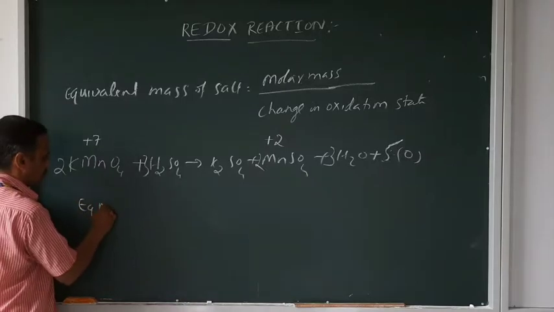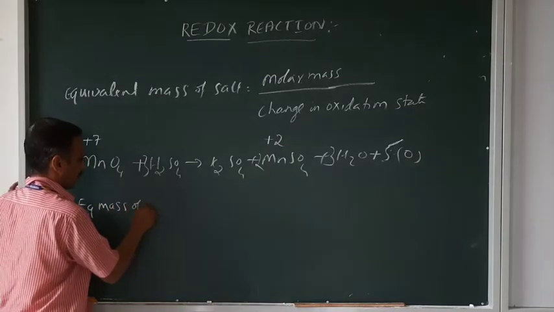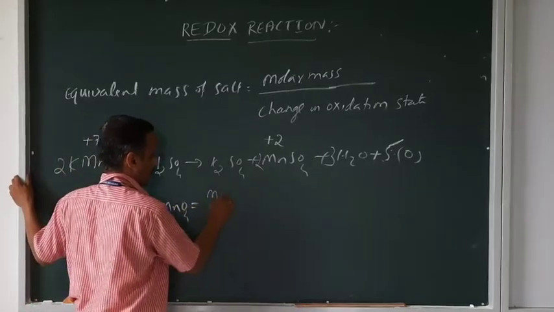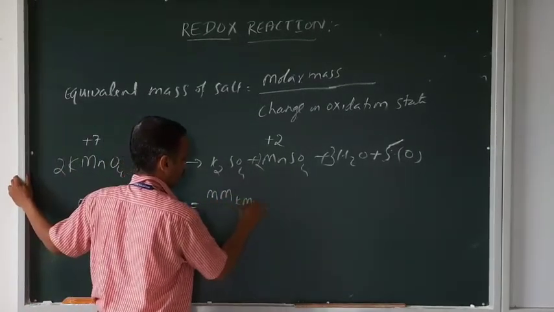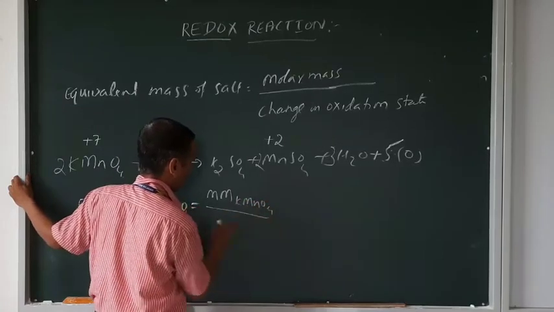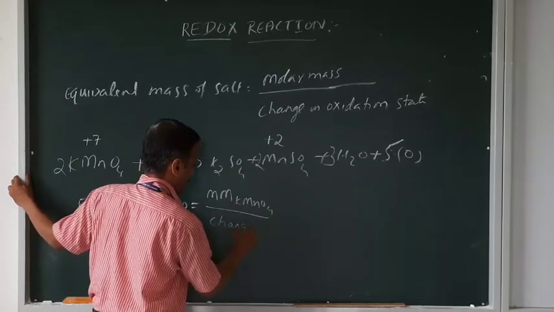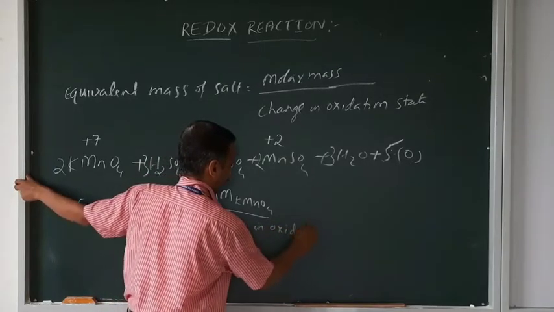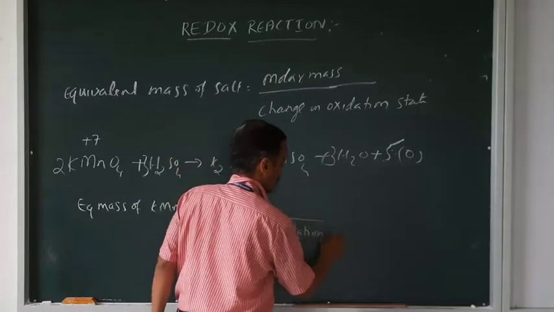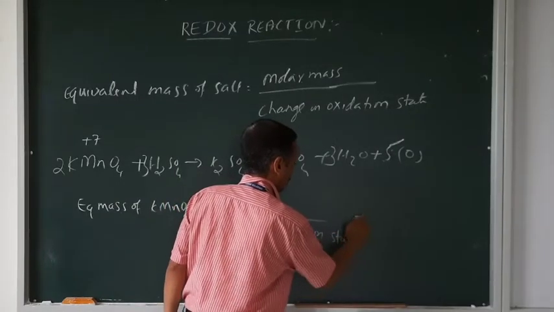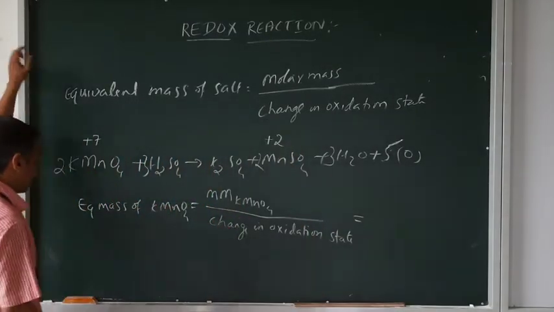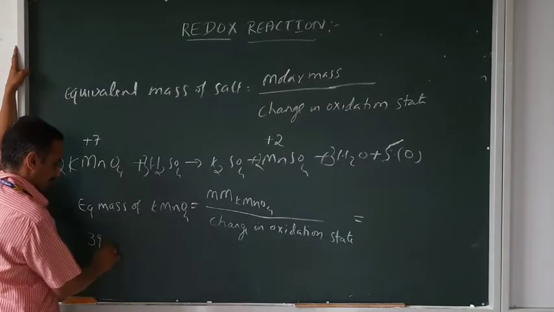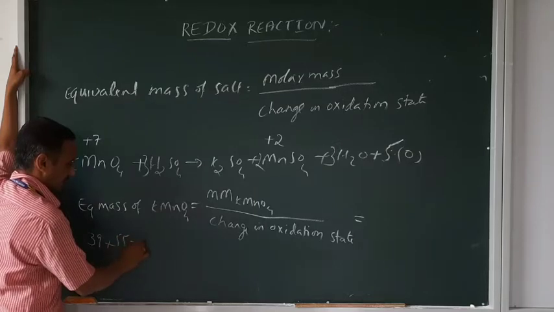Equivalent mass of KMnO4 is equal to the molar mass of KMnO4 divided by the change in oxidation state. Remember the molar mass of potassium permanganate: potassium is 39, Mn is 55, and oxygen is 16 into 4.